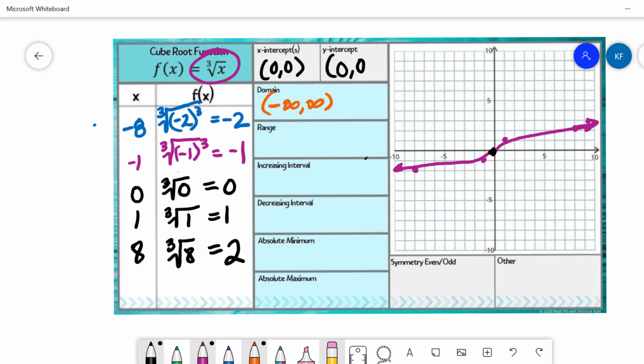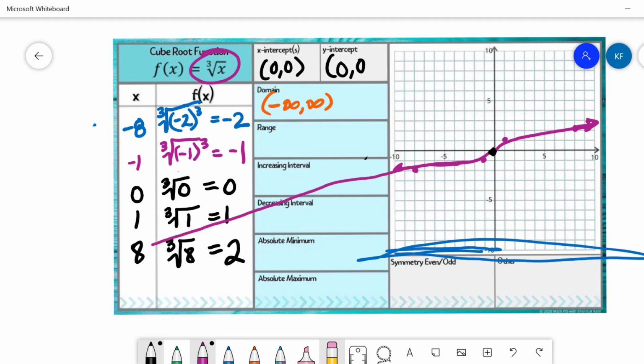Okay, and then the range is a little trickier. You just have to make sure that you are keeping track of what you're doing. So let me do that in a different color for you. All right, I always start with my lowest value for y's down here for the range. Well, as you can see, I don't have anything written down here, and so it'd be easy to say no. But what you need to remember is this arrow goes on forever.